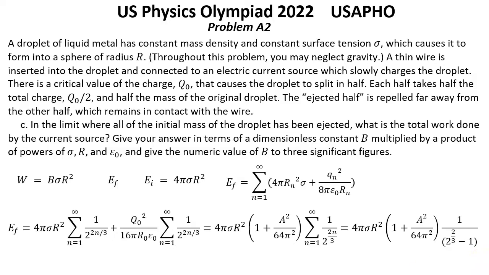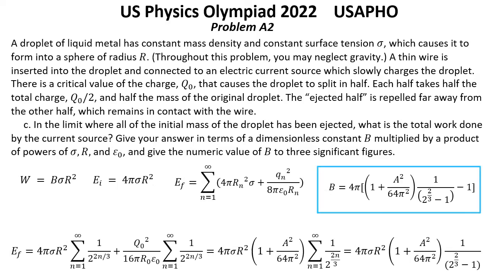To find the work, we need to subtract from this the initial energy 4 pi sigma R square. And finally the coefficient b will be this one, which depends on the constant A, 14.9, which was given in the first approximation, or 8 pi, which was calculated in the more precise estimation. So that was the solution for question C.